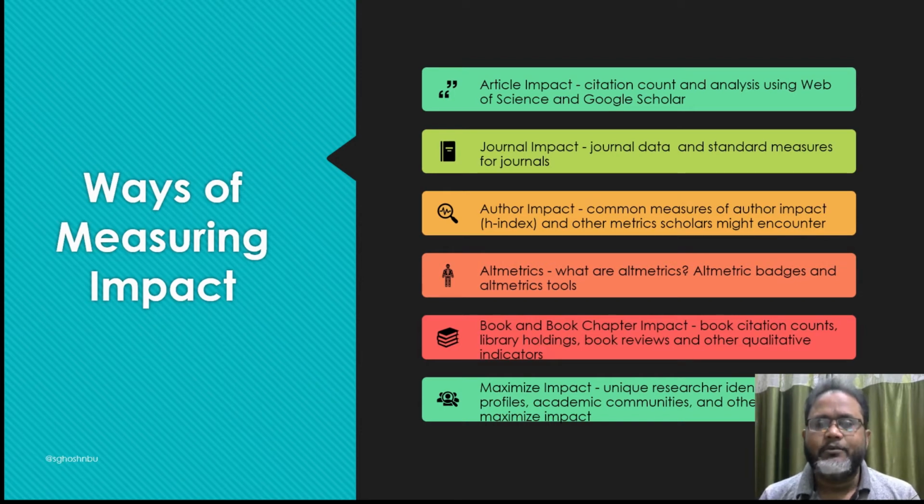And then we have altmetrics, taking all these three, the article and journal, and something more, such as book chapter impacts and book citations, and maximizing your impact by promoting your research through different channels in the academic field, by which other fellows can understand your output.